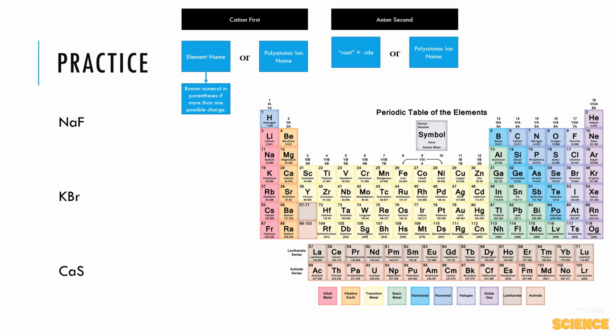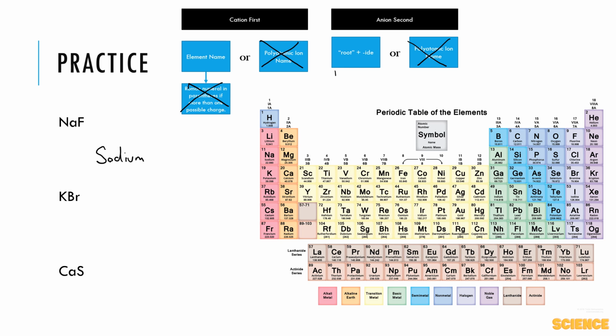Our first one is NaF. You might remember from that previous slide, Na is sodium. So I can just write the element name because Na, or sodium, is our cation. Remember, we're not doing any of these other rules yet. And then for the F, we need to take the root plus IDE.